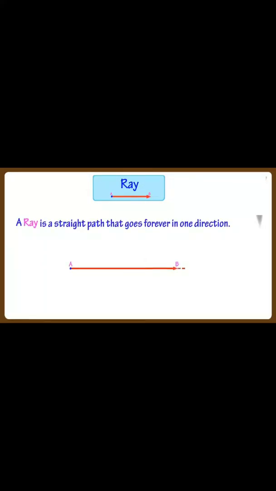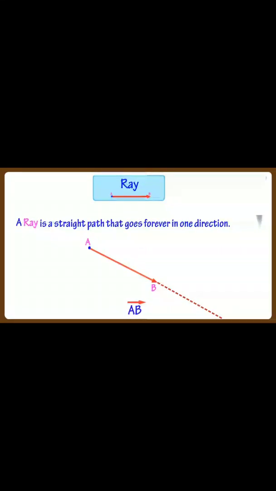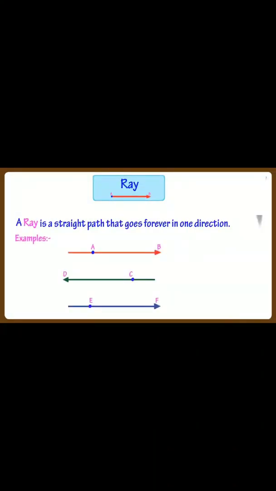This ray originates from point A and extends endlessly in the same direction after passing through B. It is written as AB. It has a fixed point A. Look at the 2 rays AB and BA, they are different rays. The starting point of AB is A.